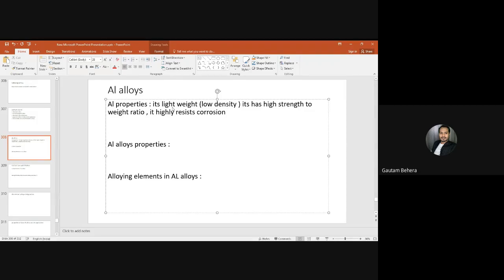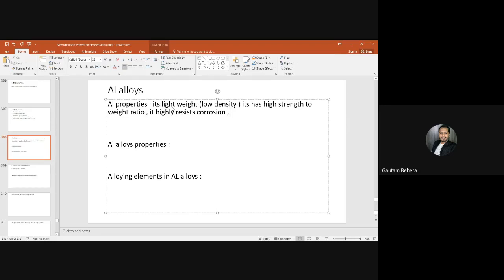But aluminum is highly resistant to corrosion because of the aluminum oxide layer which forms on it. This aluminum oxide layer will not get eroded or removed. But in case of steels, the iron oxide layer gets removed, right? So a new surface gets exposed to the atmosphere and corrosion will continue. In the aluminum case, it doesn't happen basically. So these are two important properties of aluminum.